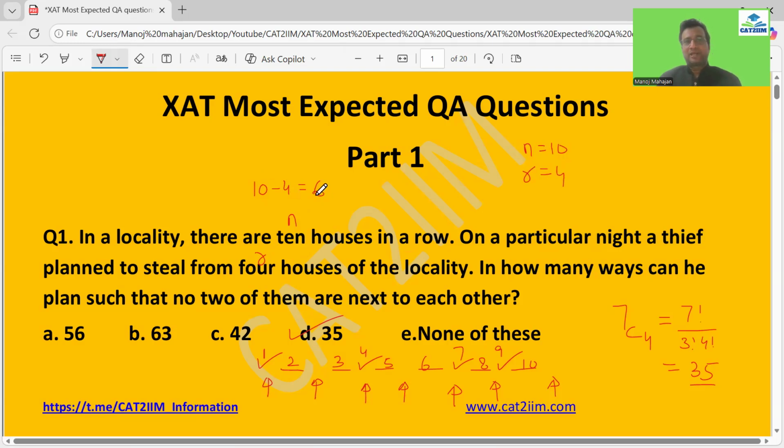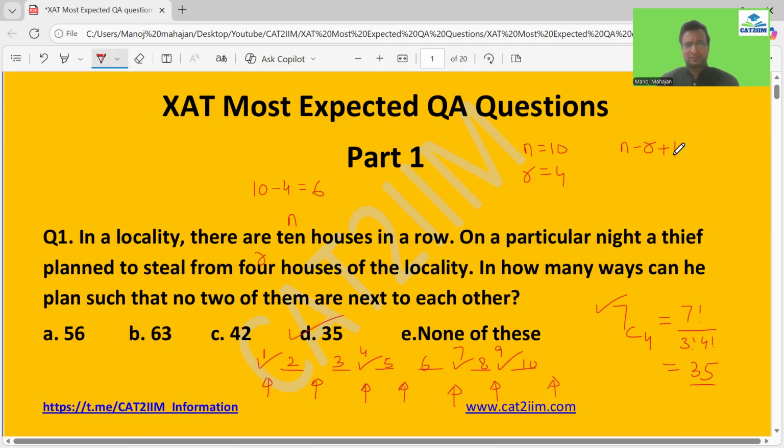So we did 10 minus 4, that is 6. So we are going to do n minus R over here. We had 6 houses left out and the gap was 1 more. So 6 plus 1, we had 7. So n minus R plus 1 is what you should look forward to do.